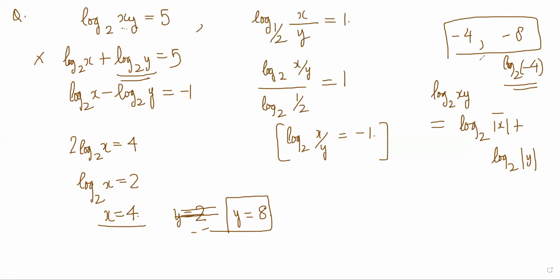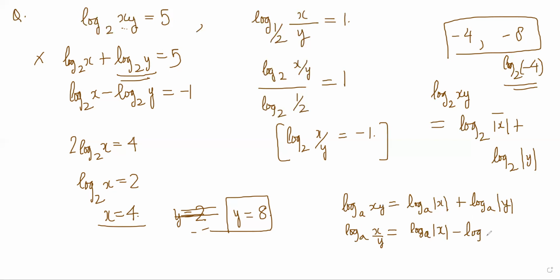The real formulas are like this: log a xy is equal to log a mod x plus log a mod y. And similarly, log a x by y is equal to log a mod x minus log a mod y.